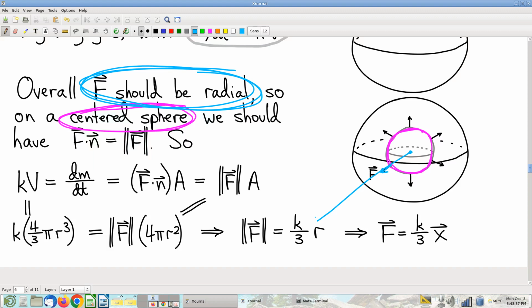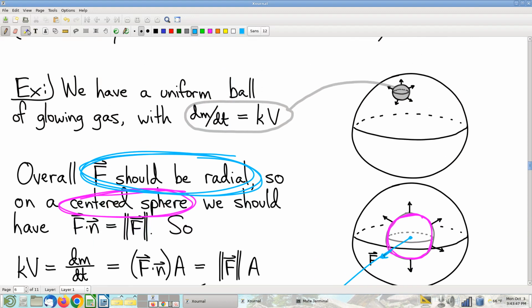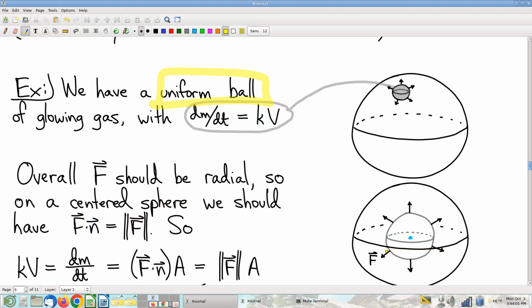So, a radial vector field. Why should we have one? This comes out of the symmetry we're assuming. We're assuming that we have a uniform ball. What else could the vector field possibly do? Could it point that way, off the radial line?